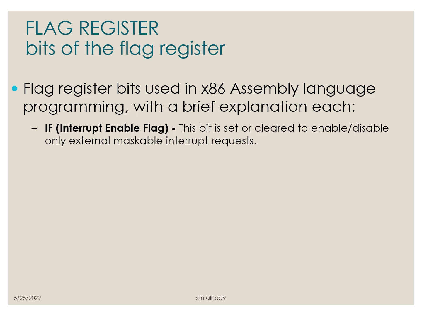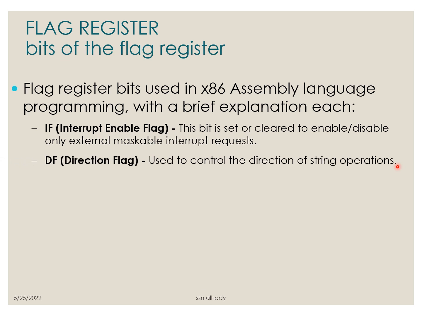And then we have the interrupt enable flag. This bit is set or cleared to enable or disable only external maskable interrupt requests, interrupts which can be masked. The direction flag is used to control the direction of string operations.